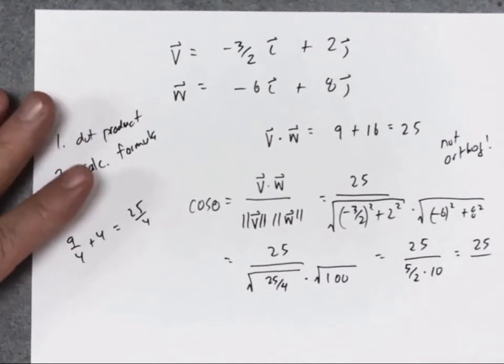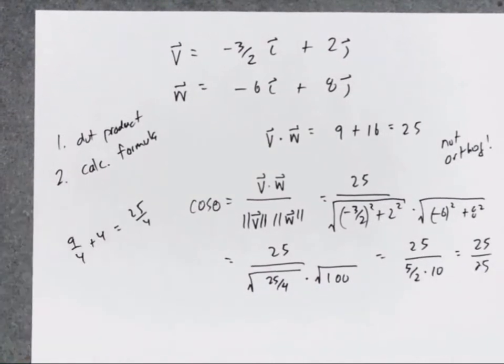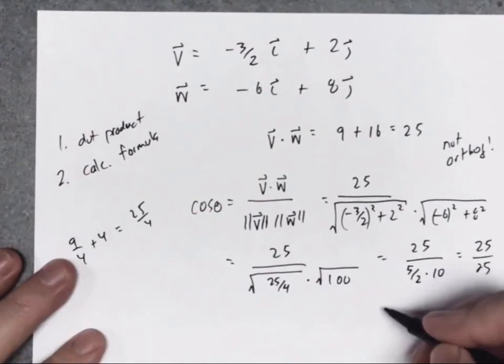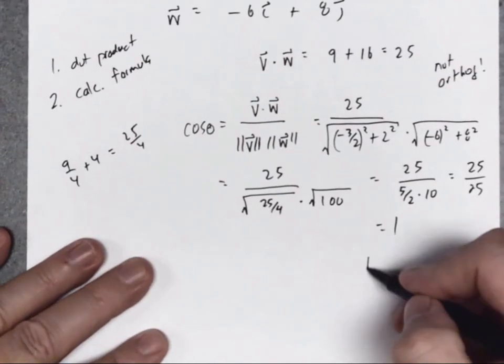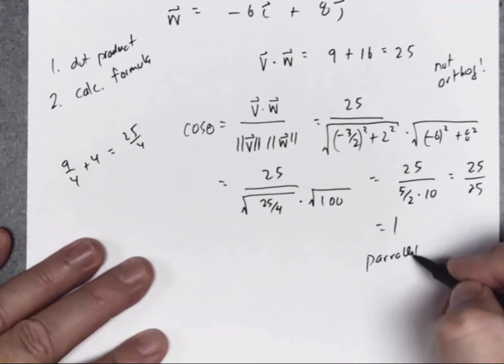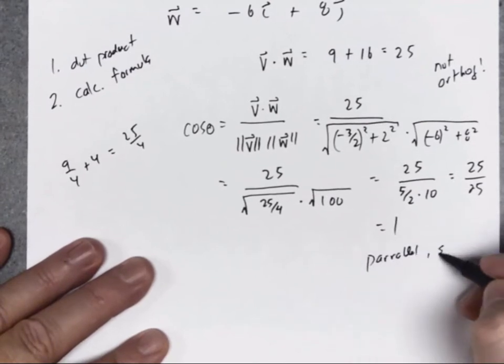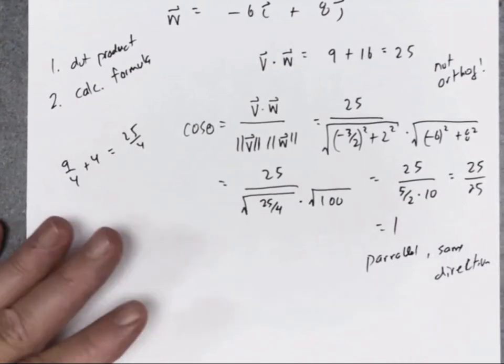Lots of algebra here. I hope I don't mess up. Lo and behold, it looks like it's 25 over 25, which is 1. So you'd say those two vectors are, maybe I spelled this wrong, parallel. Same direction.